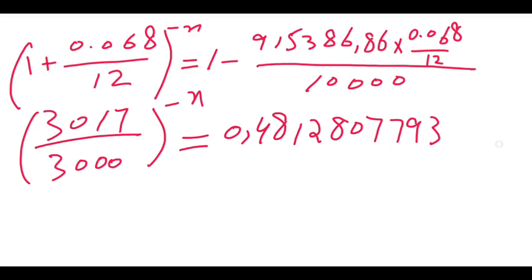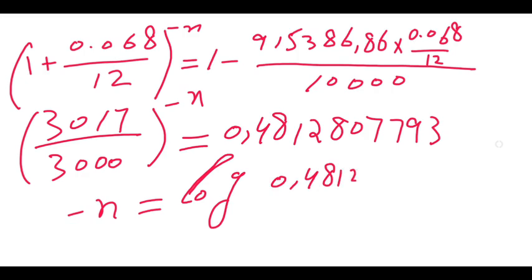Now I need to solve for n. I'm going to apply a logarithm here. So for the negative n, I'm going to apply the log formula. So this is the base, it's going to stay the base. So it's going to be a log of 0.48 1280793, to the base 3017 over 3000.